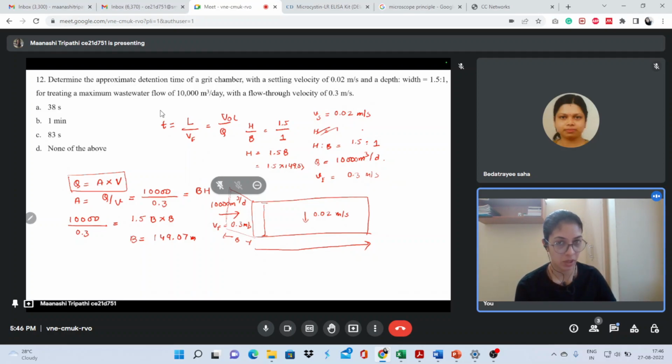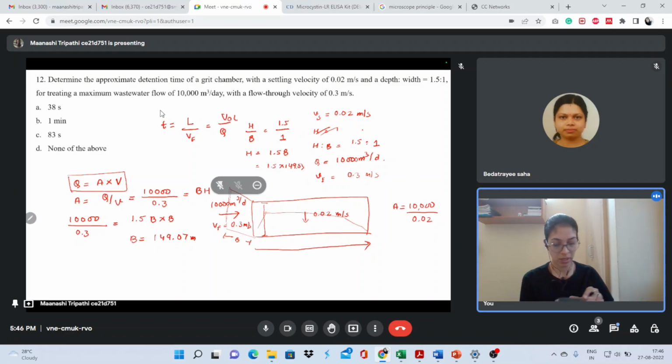We have this velocity, so we can find this area. A is equal to Q by V. We have Q, 10,000, and this velocity 0.02.